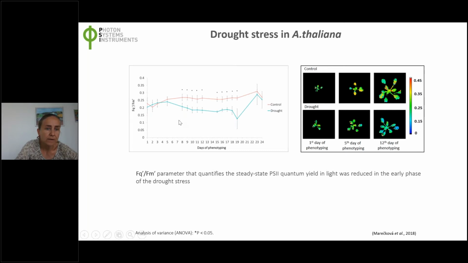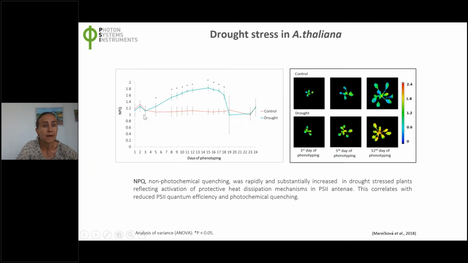However, when we look at the PS2 operating efficiency of the plants, we can see that very early during the stress response, the PS2 operating efficiency drops in the stressed plants. And when we rewater the plants, we can see a nice recovery. And we can see that even prior to this response, prior to the PS2 efficiency drop, the NPQ is increased in the plants as a protective mechanism.